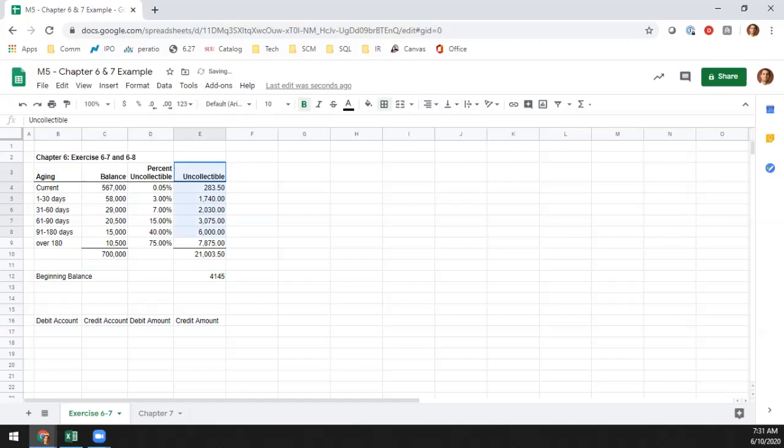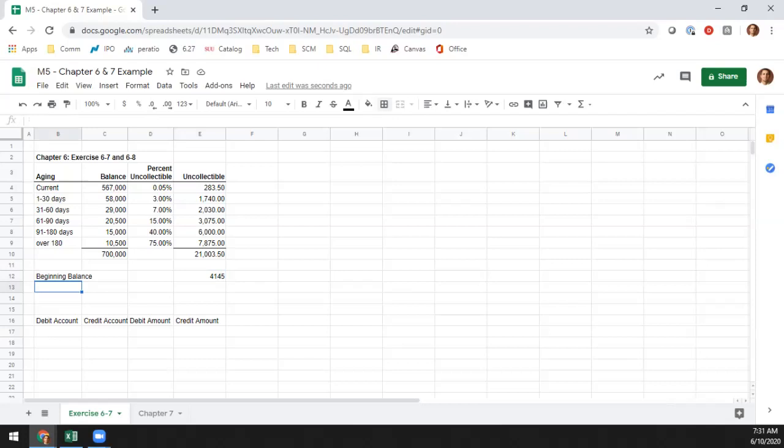So this is an asset that decreases an accounts receivable balance. So if we want to decrease an accounts receivable balance, we're going to have to do a credit or a negative. So that's why it shows up as negative, because it starts with a credit balance in the uncollectible account.